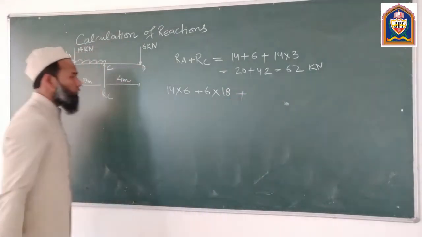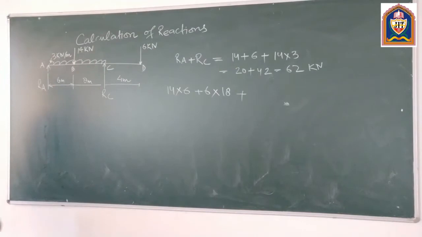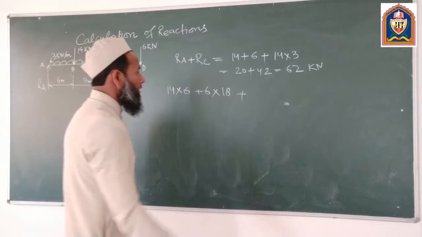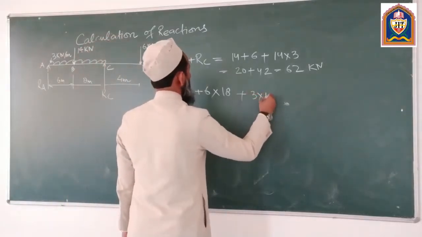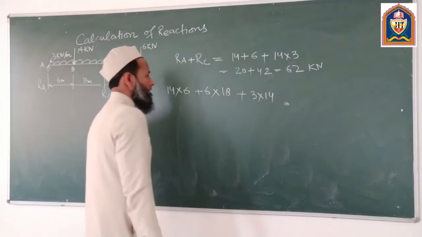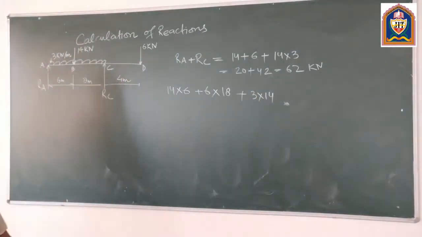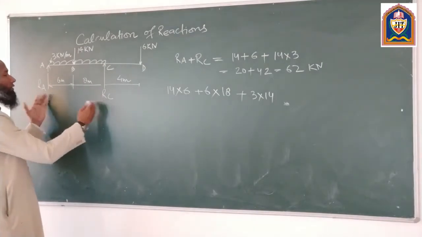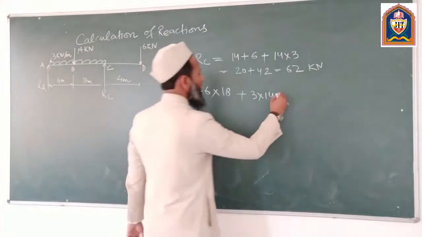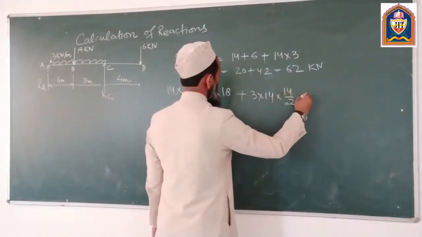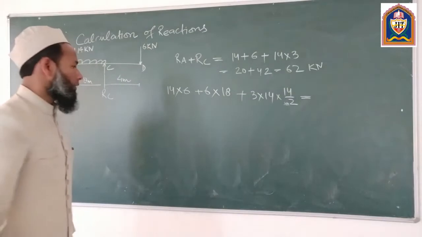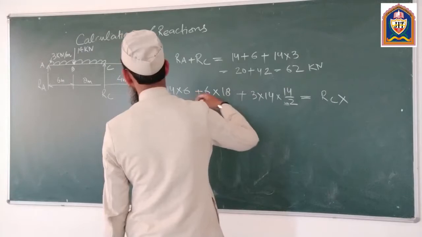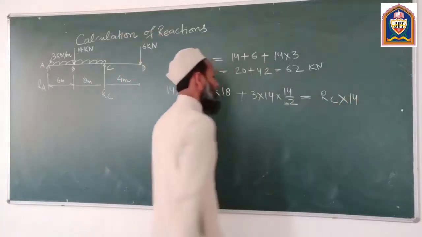Plus the uniformly distributed load, the total value of the load is 3 multiplied by 14, and this total load is acting at the center of this AC, which is 14 by 2, and this is being balanced by RC multiplied by the distance 14.